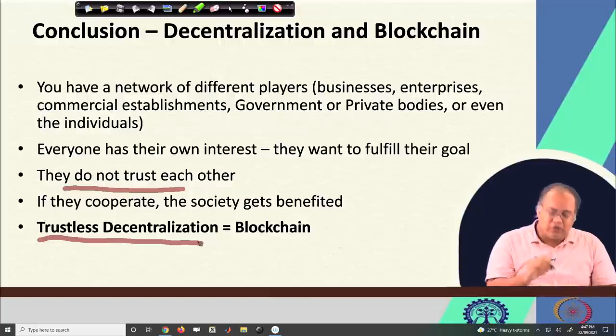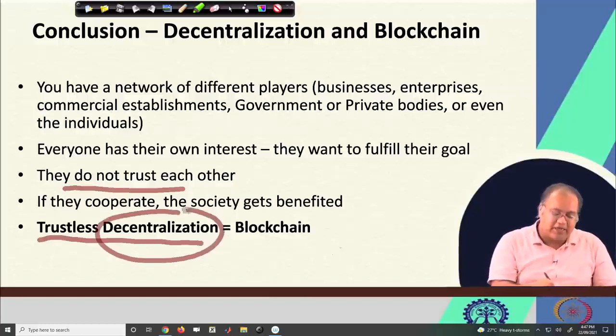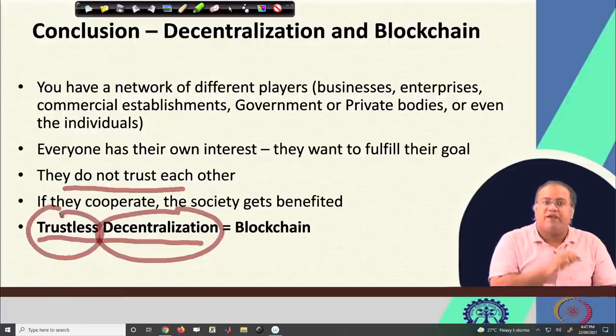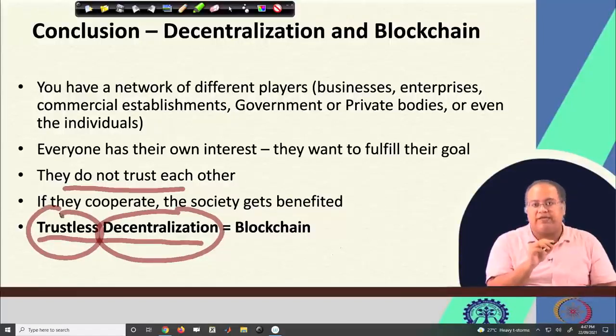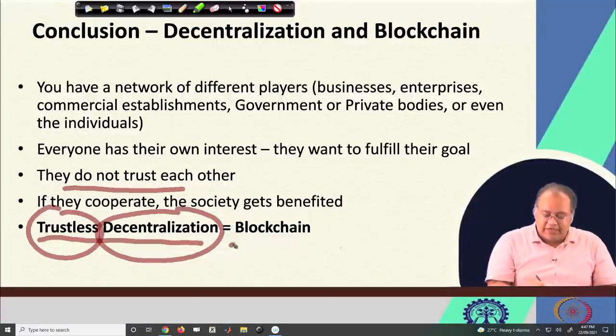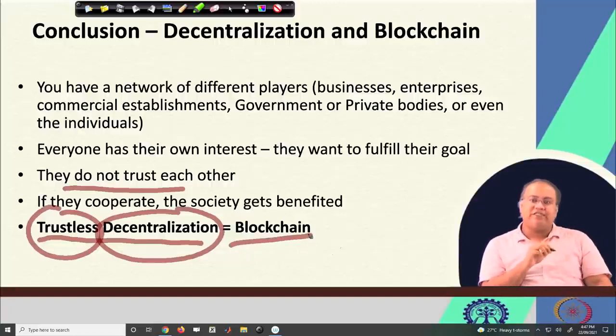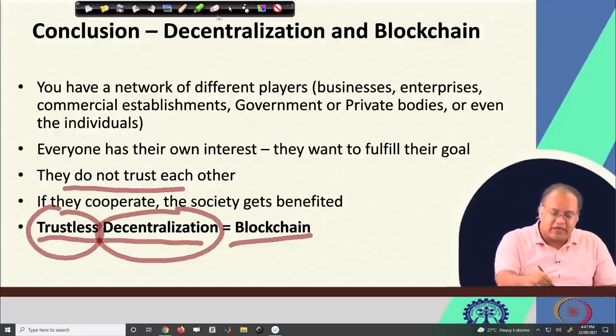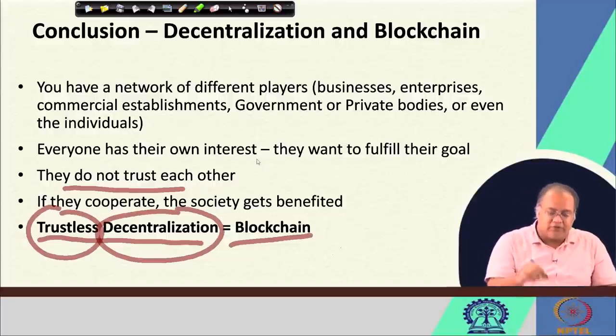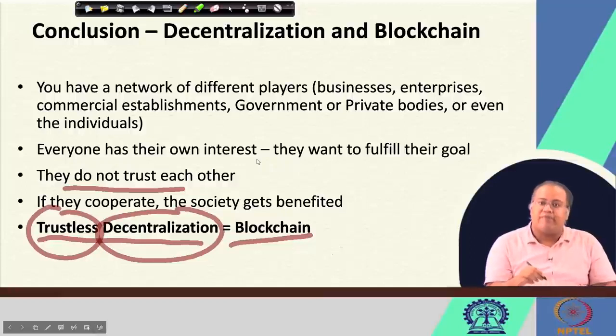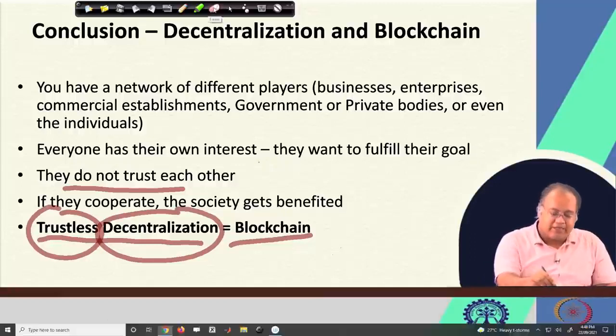I want to have a decentralized architecture in a trustless setup, where the individual stakeholders do not trust each other, but still they can coordinate, and there is my answer, which is blockchain. In the next class we are going to see how this particular architecture is actually going to solve my problem of having this kind of trustless decentralization in the marketplace.